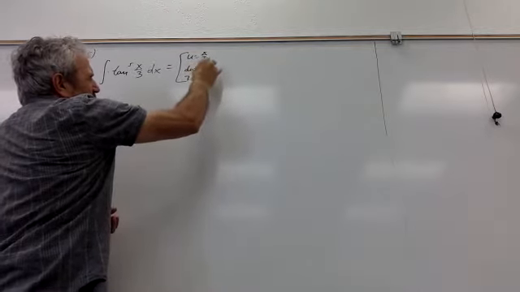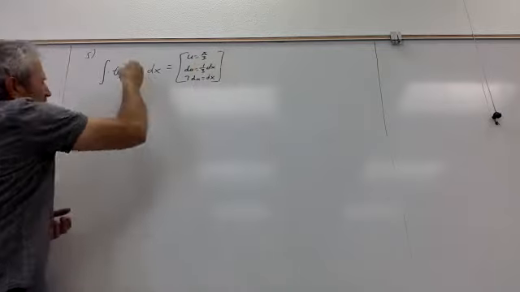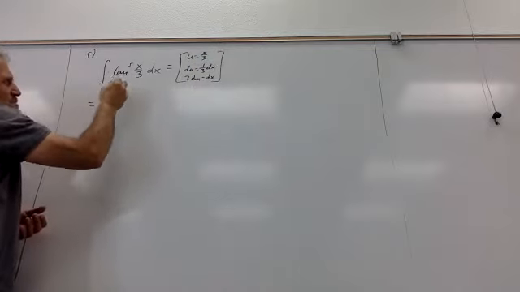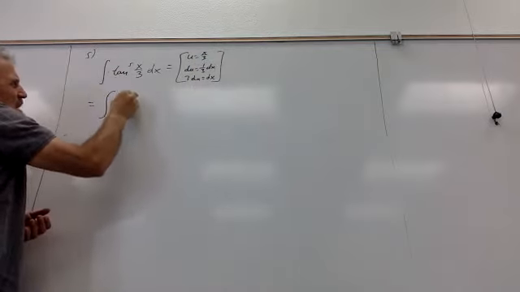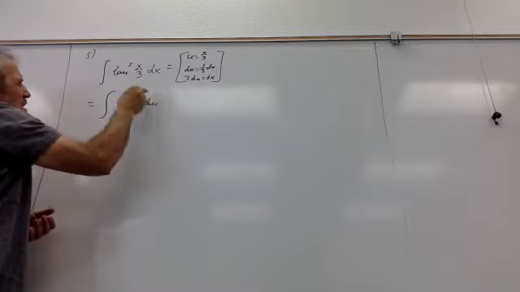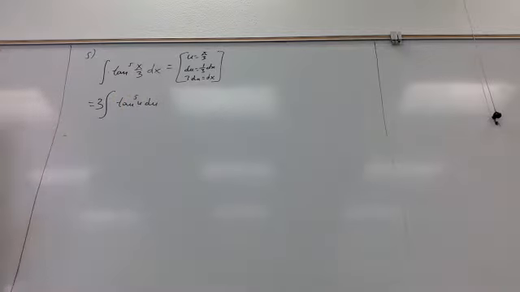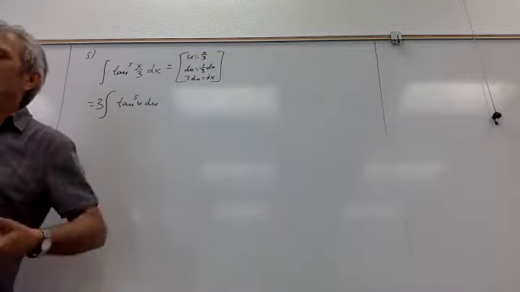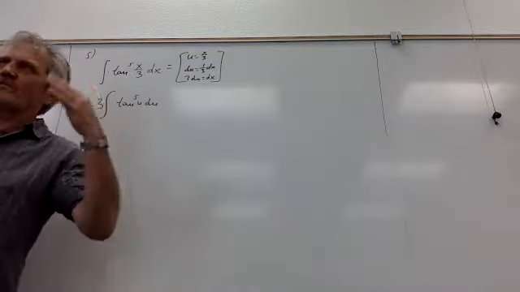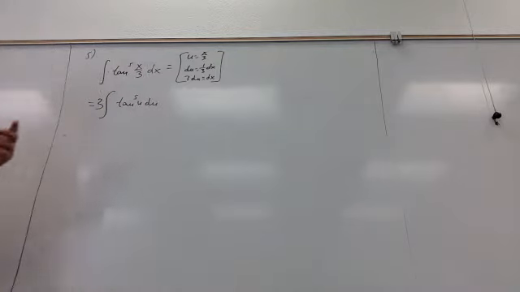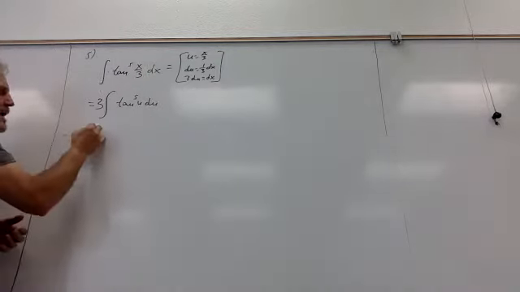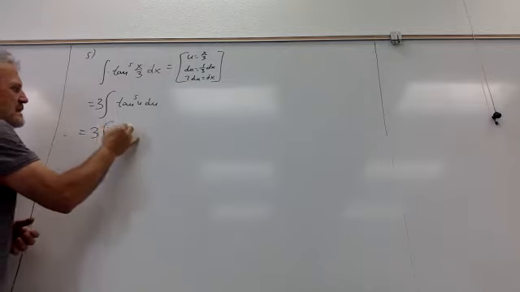You understand what I'm doing here? Just dealing with the fact that they asked me to do x over 3. So now it will be 3 times the integral of tan 5u du. This is much cleaner because I paid a little price in the beginning instead of paying it all the time, keeping in mind a linear correction, this and that. I think this is cleaner, right? You don't have to do it, but I think it's a good idea.